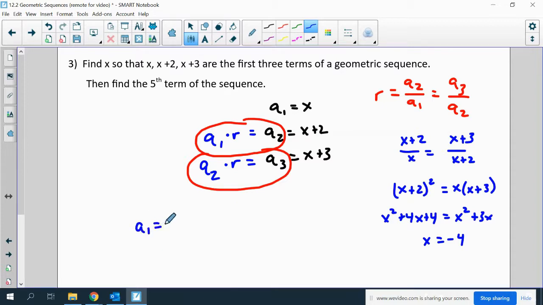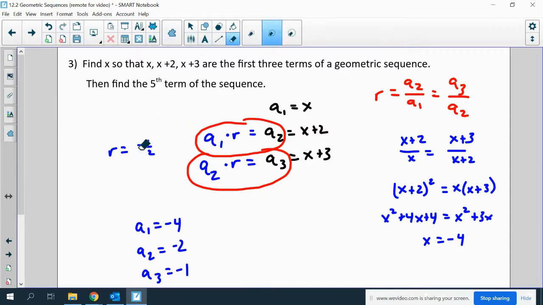Let's double check to make sure that this makes sense. And it certainly does. So what seems to be happening is that r is equal to negative 1/2. I'm sorry, positive 1/2.